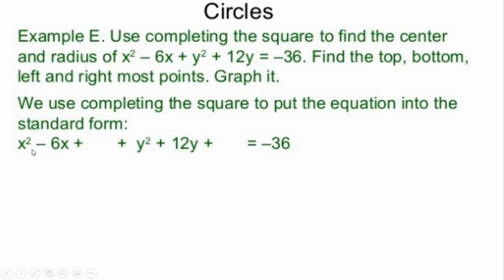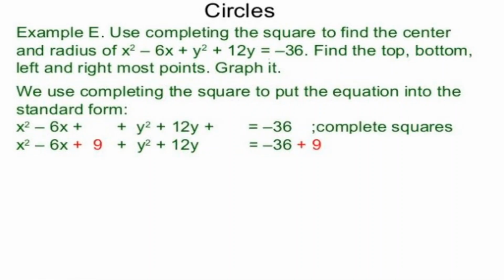Suppose, x squared minus 6x plus, completing the square, x squared minus 6x plus 9, that is b over 2 squared. So, 6 divided by 2, 3, squared is 9.